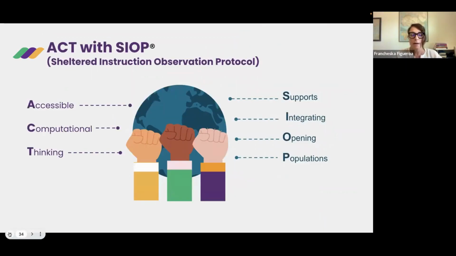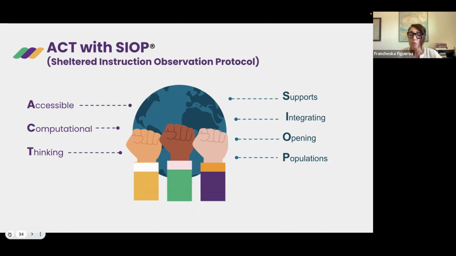Okay, so I'm going to wrap up with making an additional connection between accessible computational thinking and the SIOP model. Again, we know the acronym for SIOP is Sheltered Instruction Observation Protocol, and I am by no means advocating that we change the acronym. I just wanted to do a play on words with a play on acronyms and make a connection between ACT and SIOP.